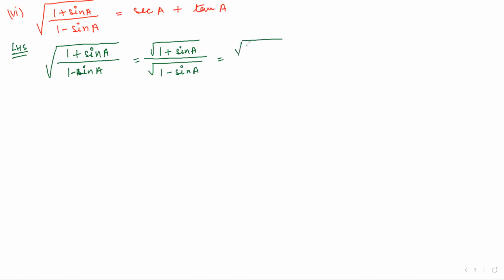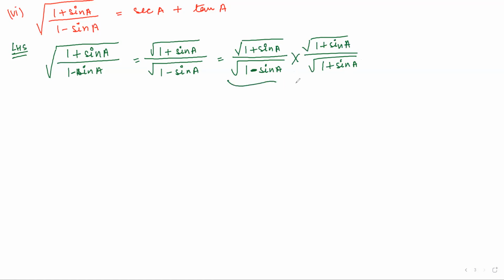I multiply numerator and denominator with under root 1 plus sine A, the opposite sign of what is in the denominator. This step is called rationalizing. Correct?